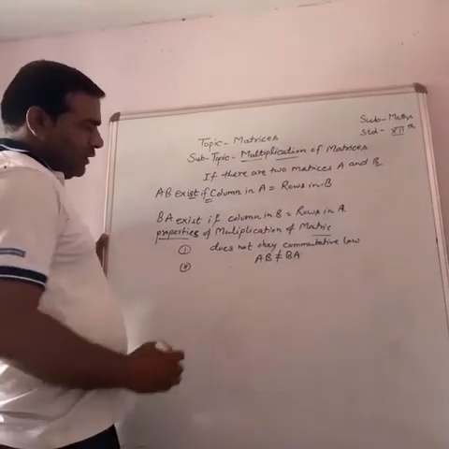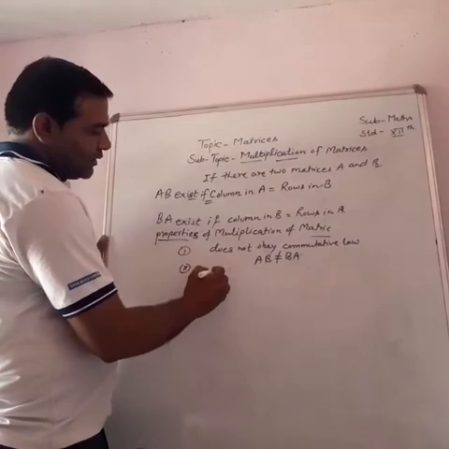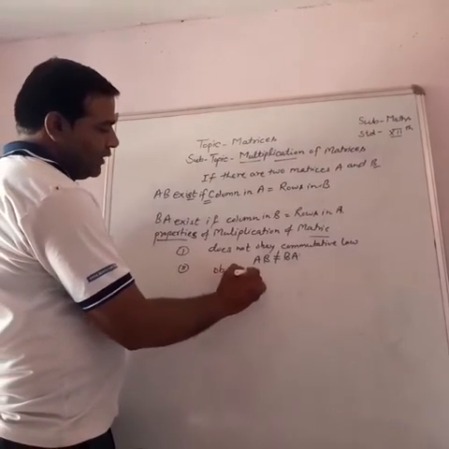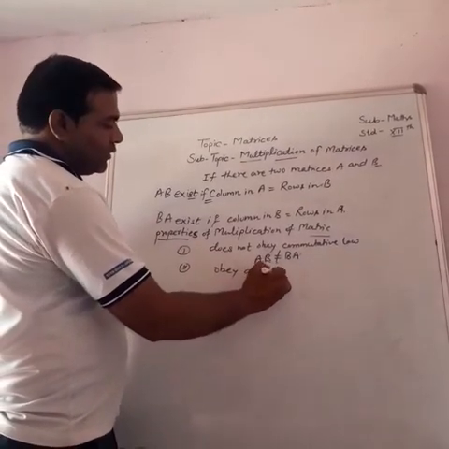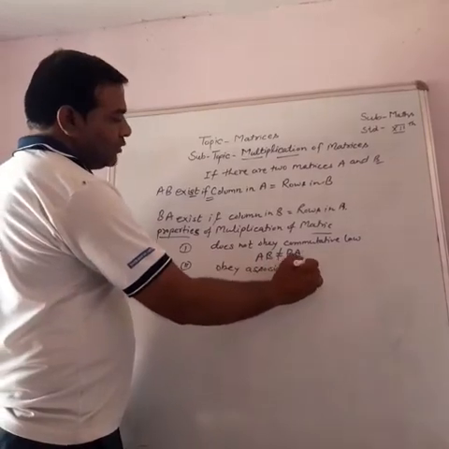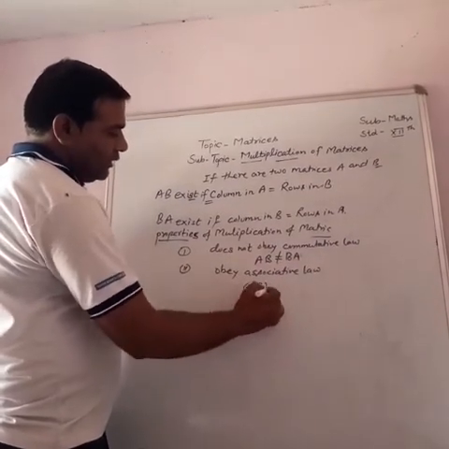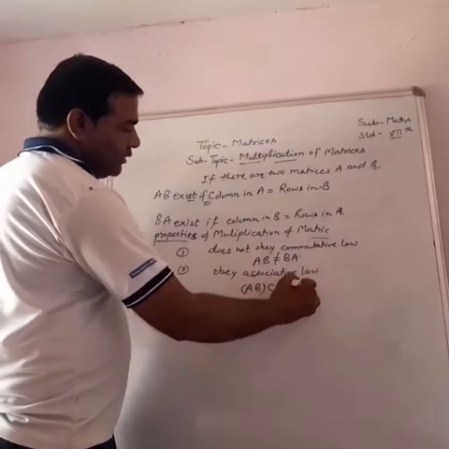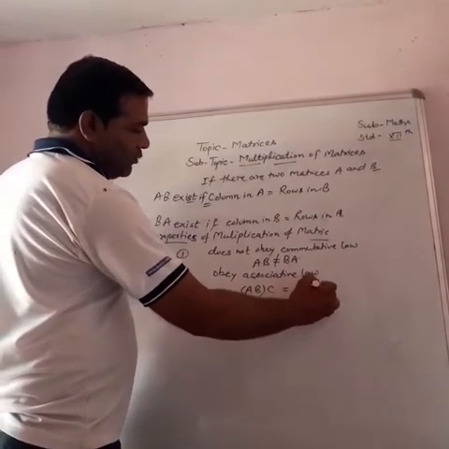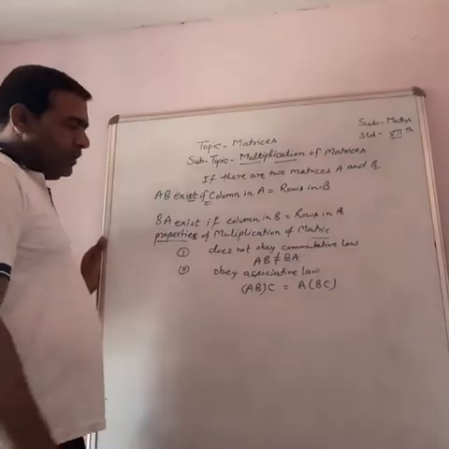Second, multiplication of matrices obeys associative law. Associative law means (AB) multiplied by C is equal to A multiplied by (BC).